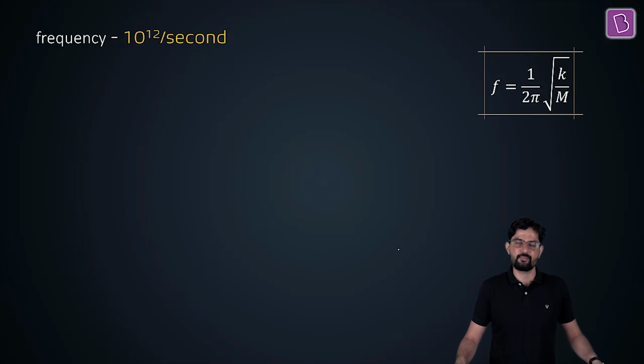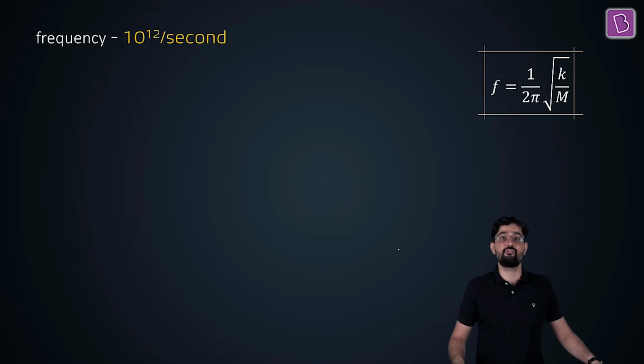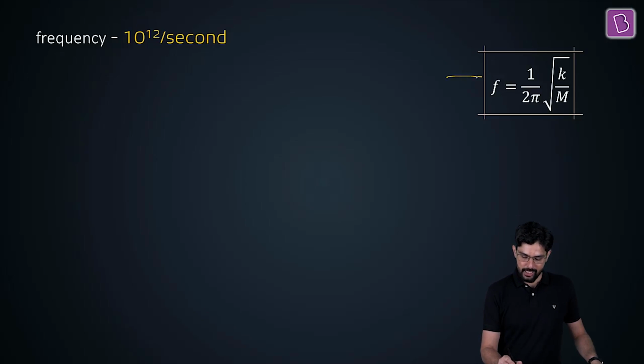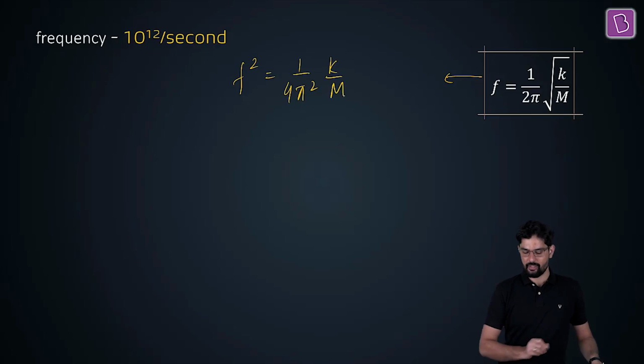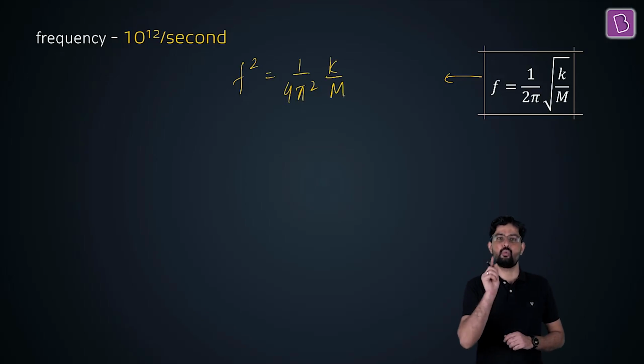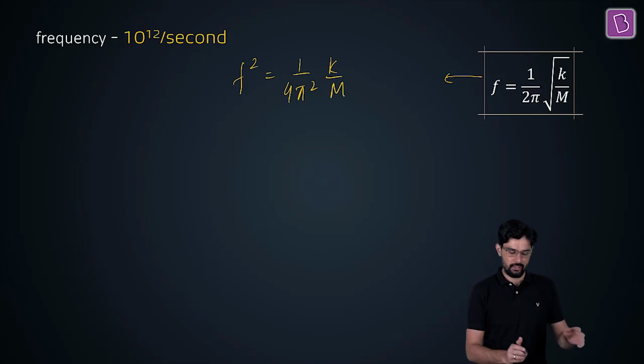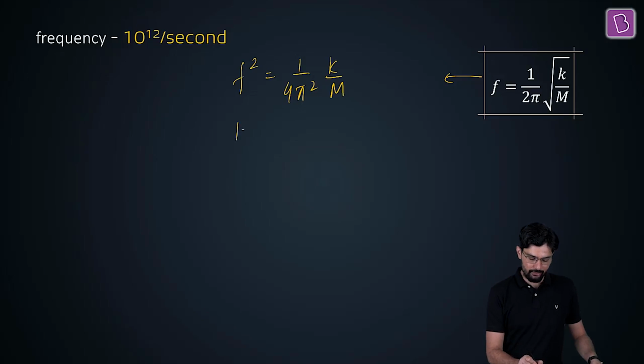That's it. So we can use the same formula to find out the force constant k. If you square both sides, then this becomes f square is equal to 1 upon 4 pi square times k by m, where m is the mass of one silver atom. And from here, the value of the force constant turns out to be 4 pi square f square into m.